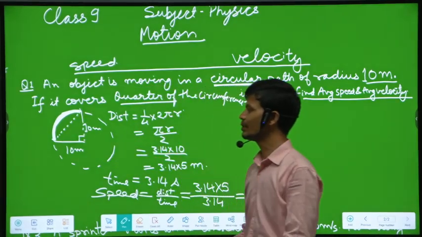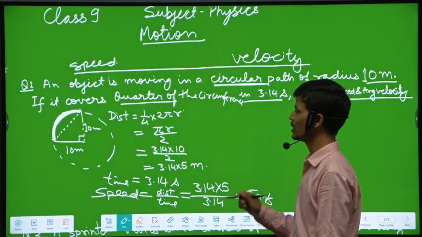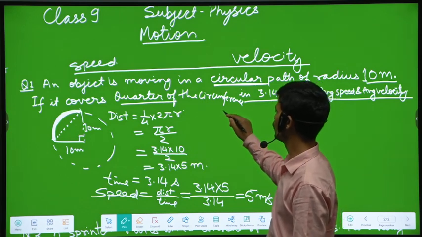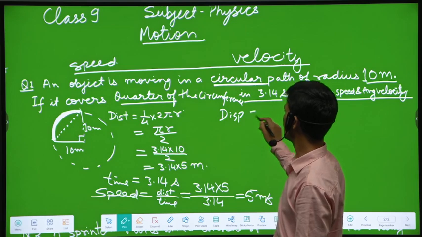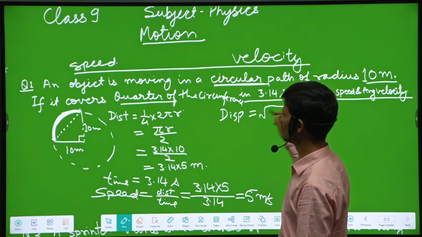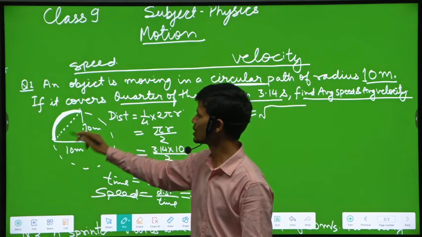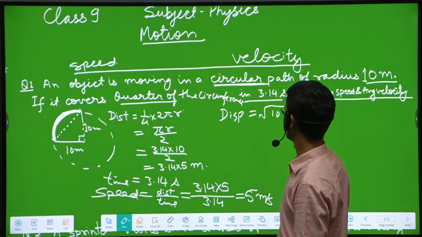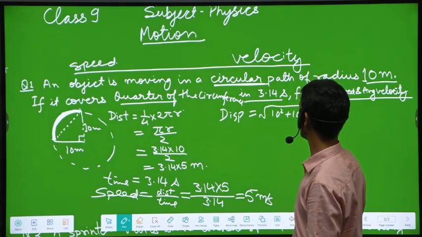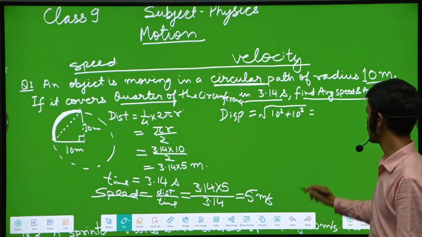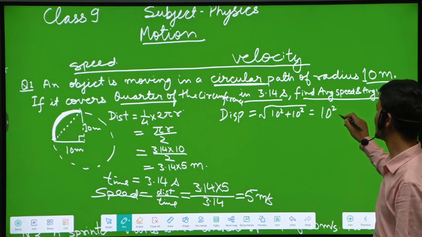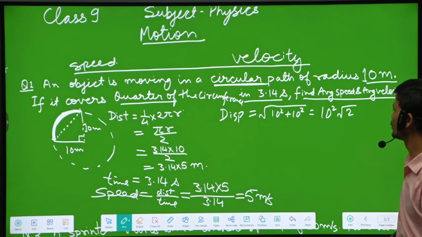For velocity, we need the straight line separation between initial and final position. If you remember, displacement is equal to this distance, which is the hypotenuse, square root of 10 square plus 10 square, what I told you that day, in that video.